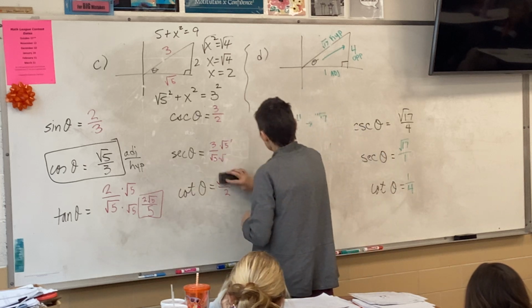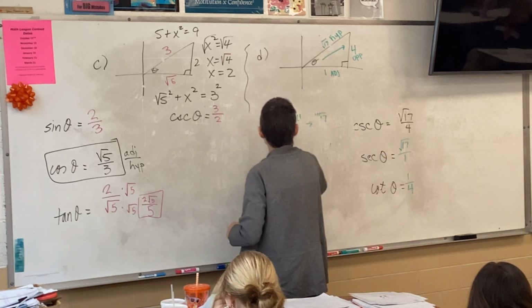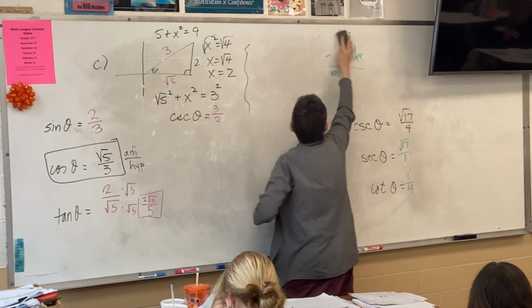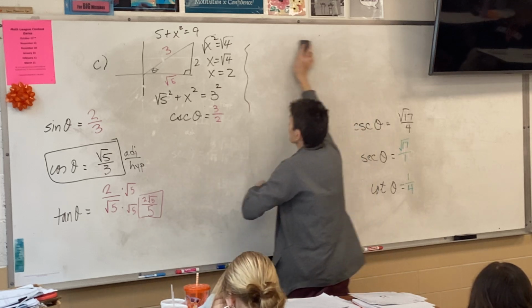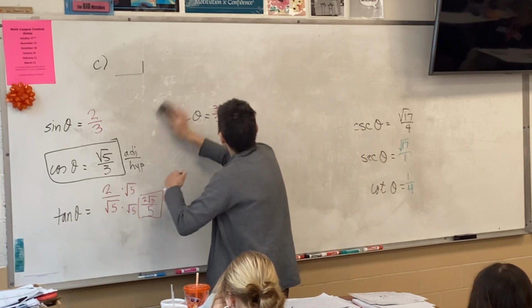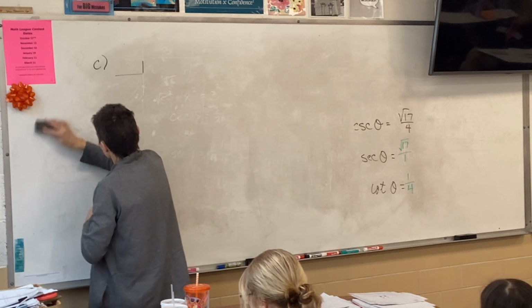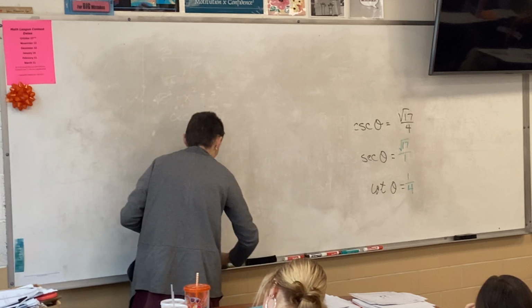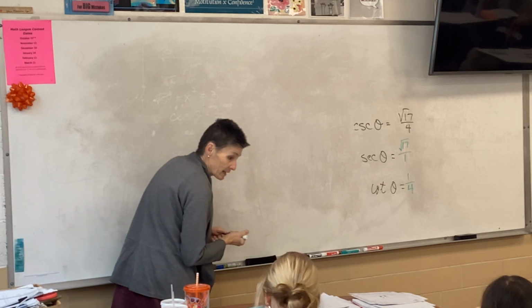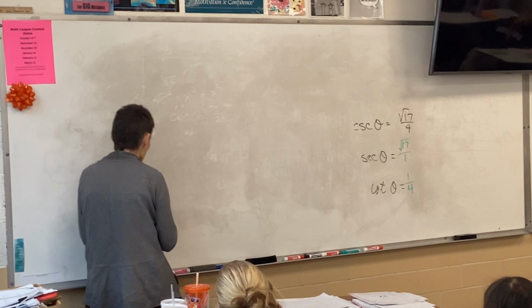You need your orange sheets for sure. Let's see if we can make sense of this. All right, well, our job is, without a calculator, find the sine of pi over 6.